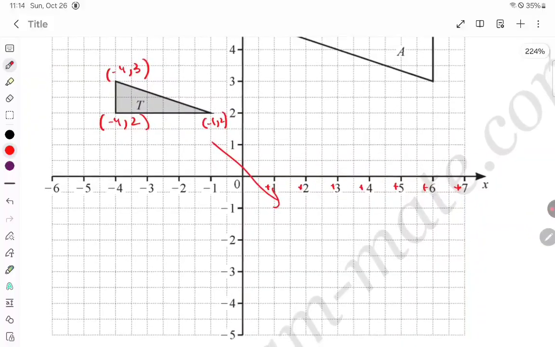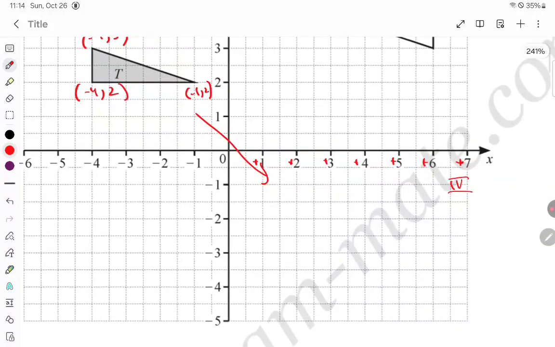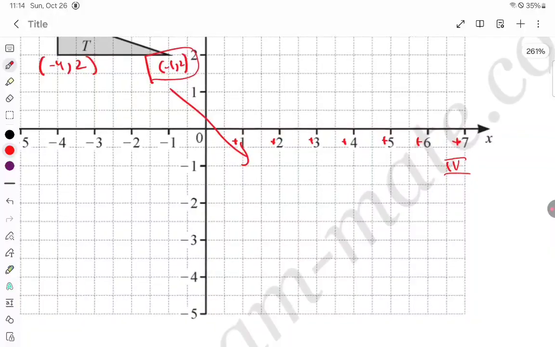So this point, negative 1 comma 2, will become 2 comma negative 1.